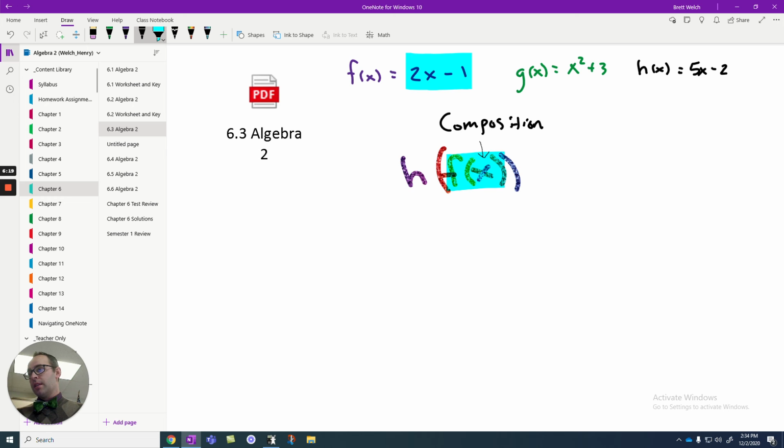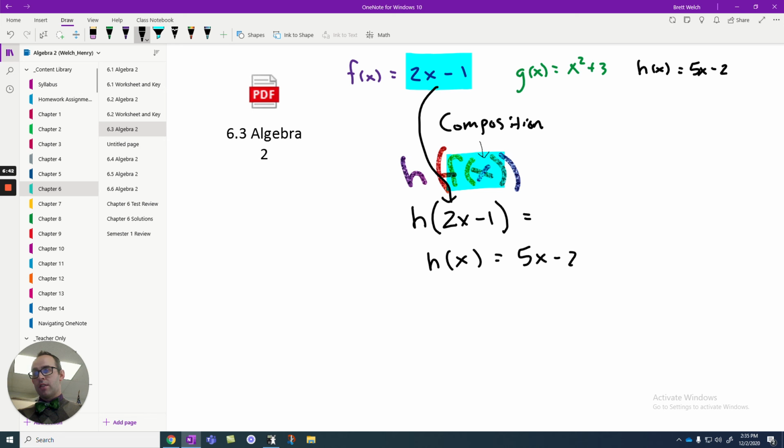So what that means is, over here when I write h of f of x, instead of writing f of x, I'm going to write what f of x is equal to, 2x minus 1. So if you think about it, h of x equals 5x minus 2.